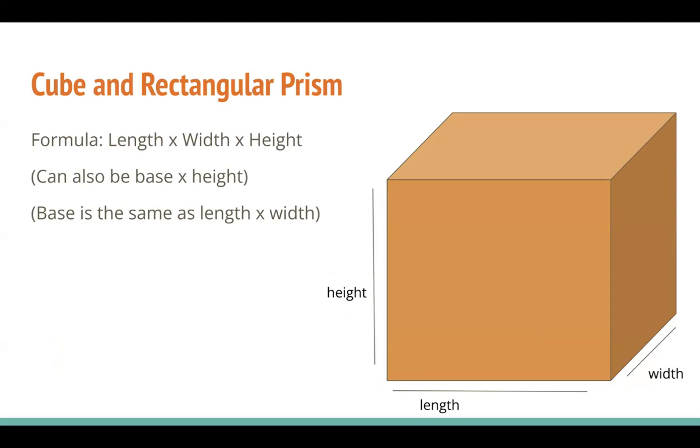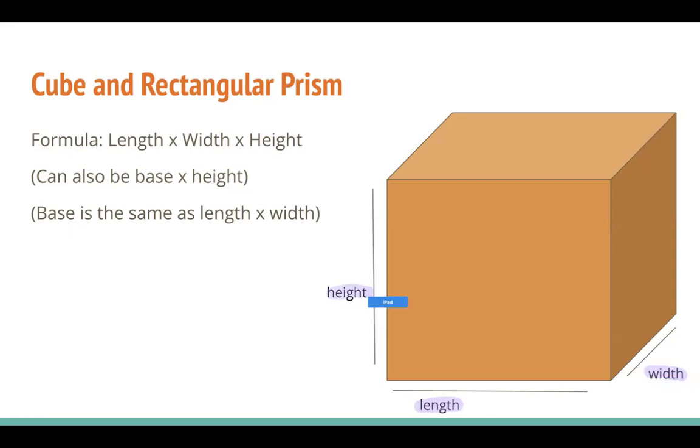Okay, so now we're going to do a cube and a rectangular prism. These are 3D shapes, as you can see on the right. So they have 3 dimensions: a length dimension, which is this part, a width dimension, and a height dimension.